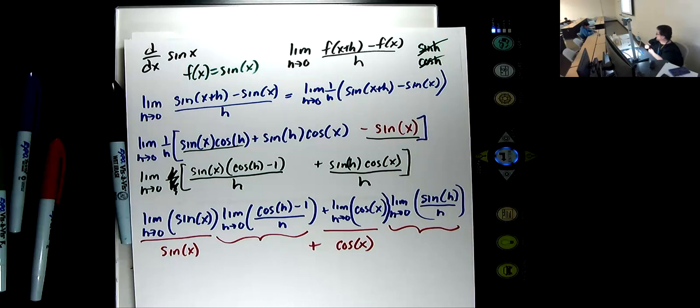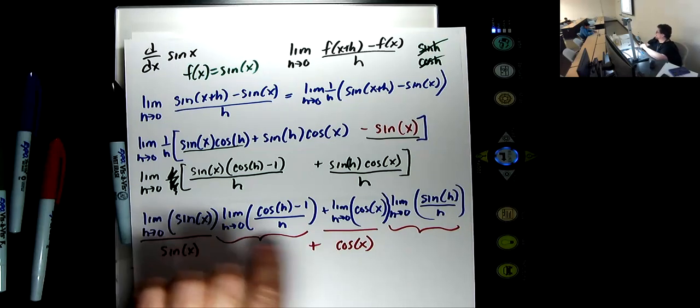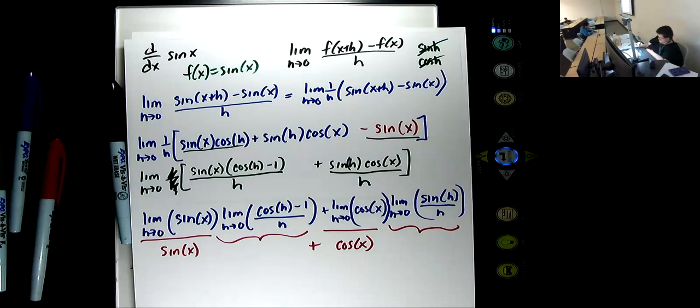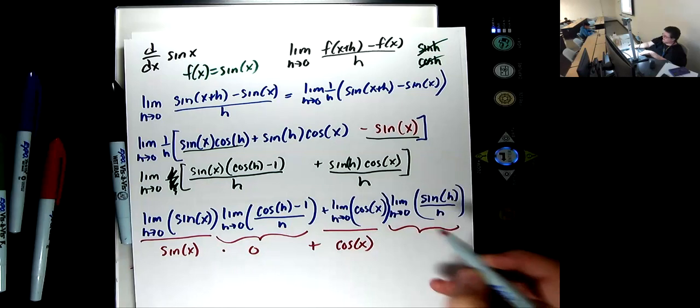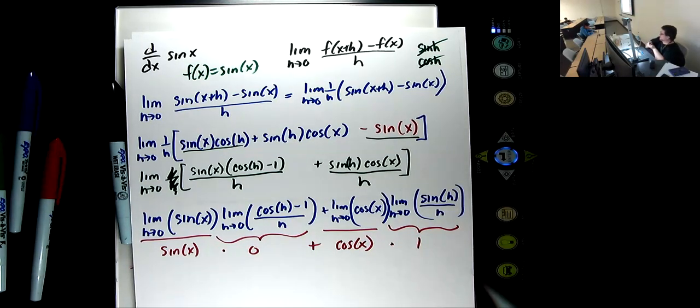It's been a while. We actually computed both of these. This was 0 and this was 1. We didn't have h in there, we had sine x over x, and we did the limit as x went to 0, but it's the same idea, just a different variable.